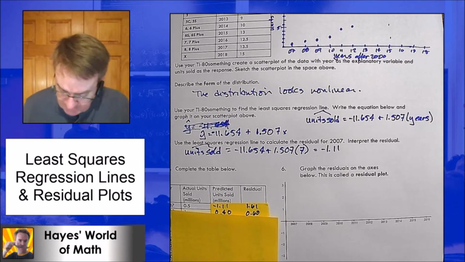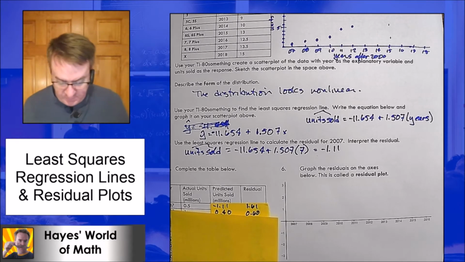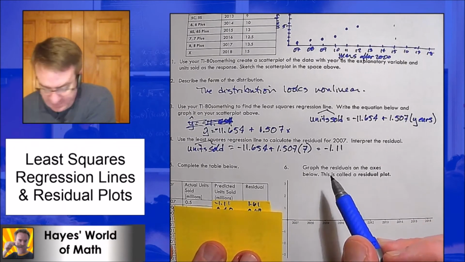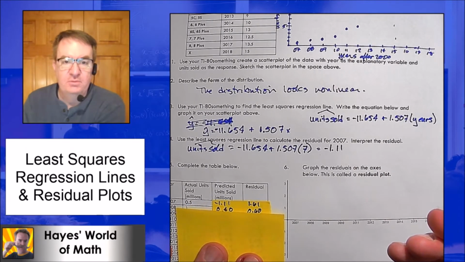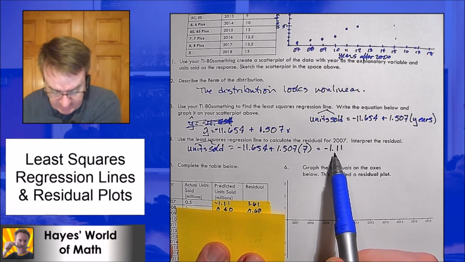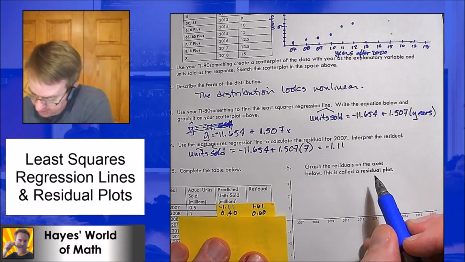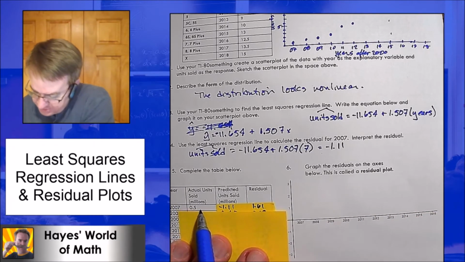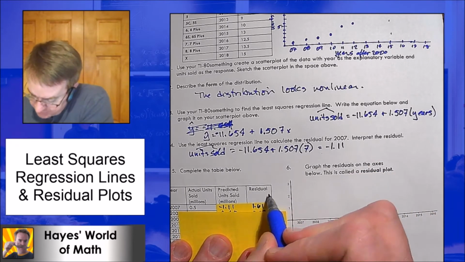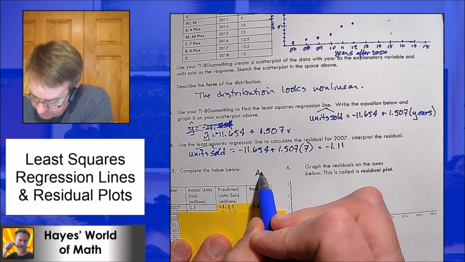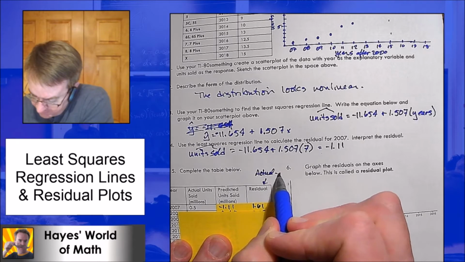Then it says, okay, so that's just the value, right? And so then it says interpret the residual. How do we find the residual? Well, remember what's going on here is that you interpret this. So the residual here is how much did they sell? So actually, let's do it right here. It is going to be actual minus the predicted.